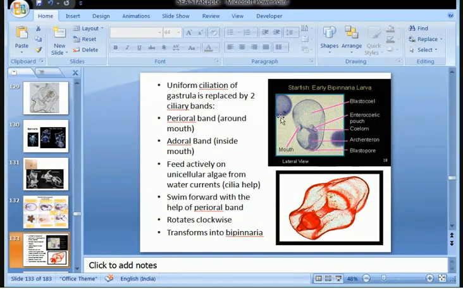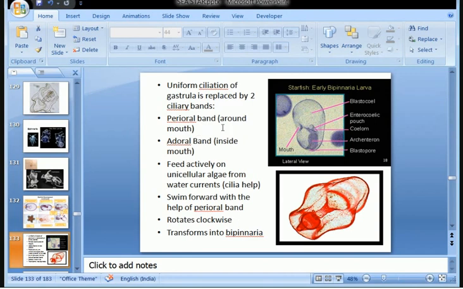The uniform ciliation is there in the gastrula at first, and that is replaced by two ciliary bands: the perioral band around the mouth and the adoral band, which is inside the mouth. Then this perioral band splits into two, that is preoral and postoral.